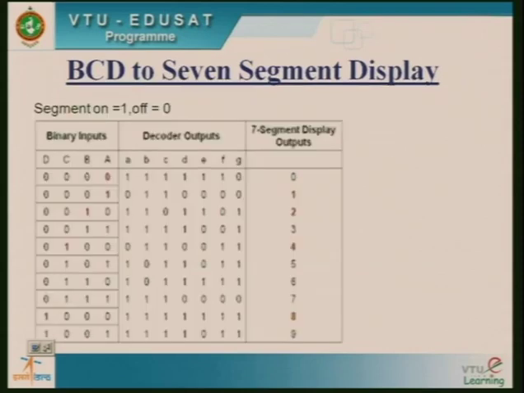For example, to display 1, I can turn on only 2 segments, B and C, and the rest are off. Like that I can display all 9 outputs. The patterns look like a truth table, so from 0 to 9, the particular segments will be on and the rest off to generate a pattern.